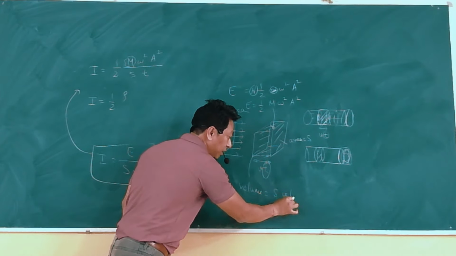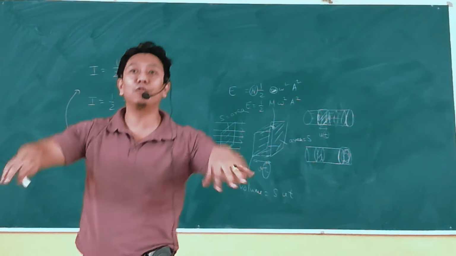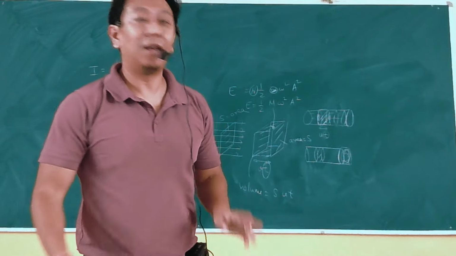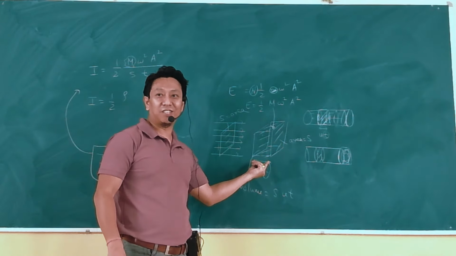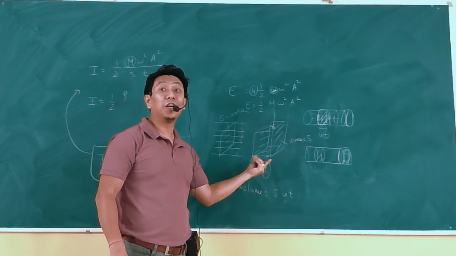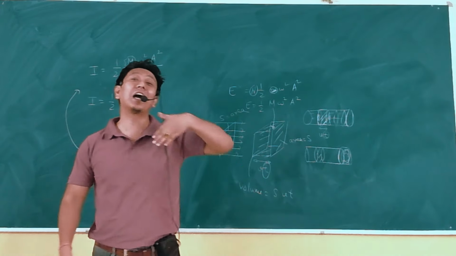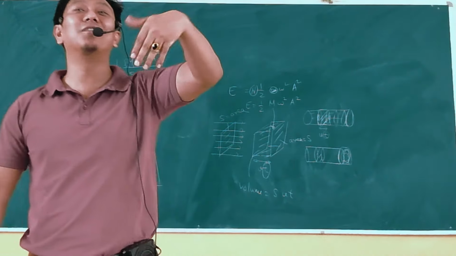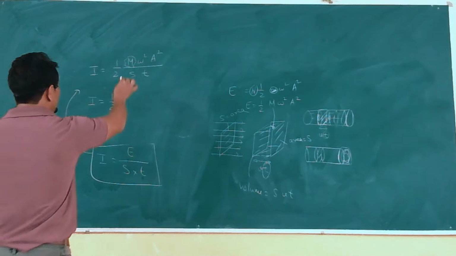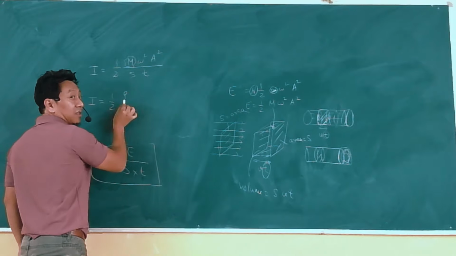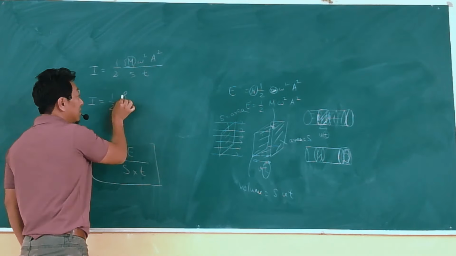S into V into T. What formula? Length into breadth into height. Length into breadth is the area, and the height is the distance covered in time t, which is speed into time. So this mass is density into volume.